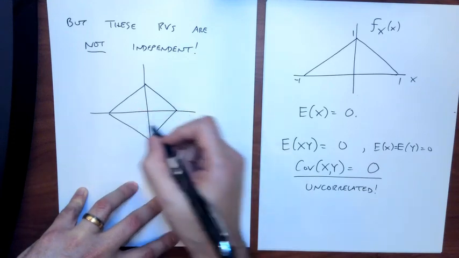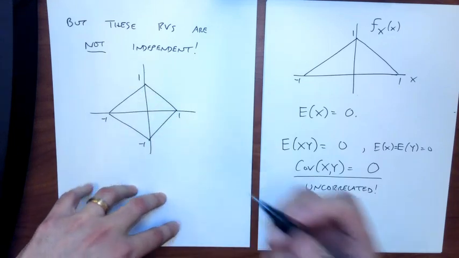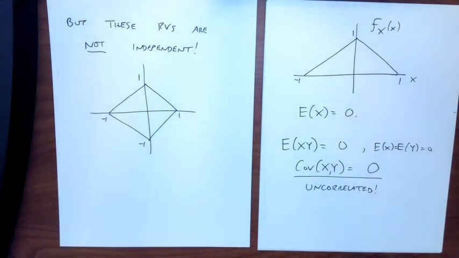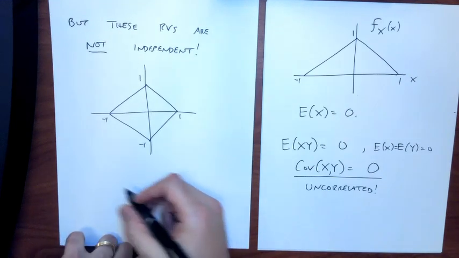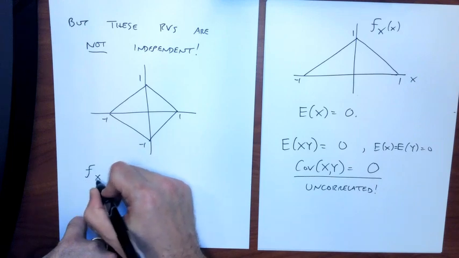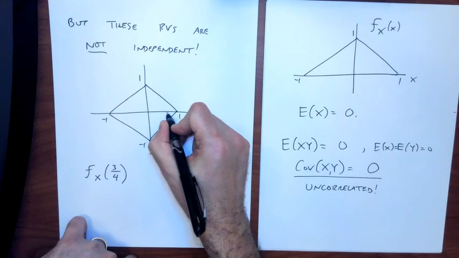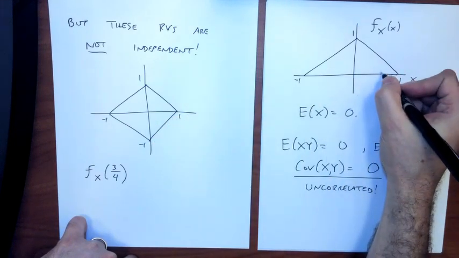So, for example, remember what we need to have for the PDF to be independent would be that the PDF decouples into an X part and a Y part. And I can see here that, for example, the PDF of X at 3/4 is basically like the marginal over here. It has some value, right?